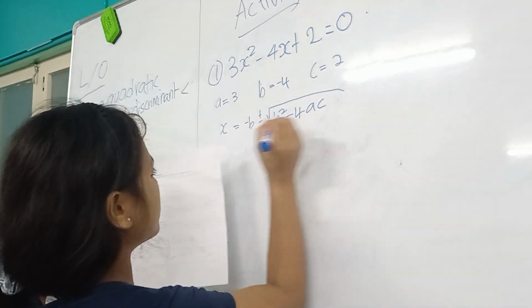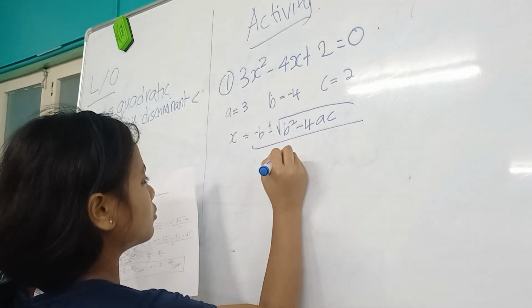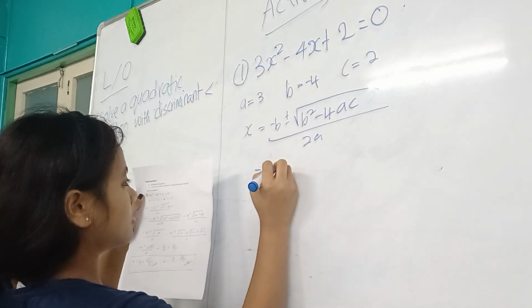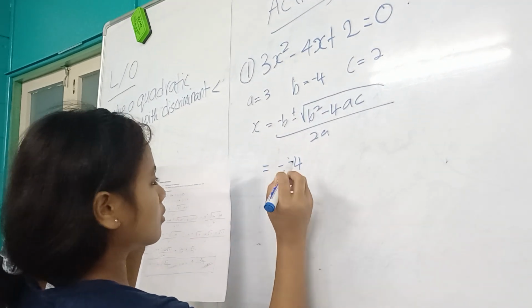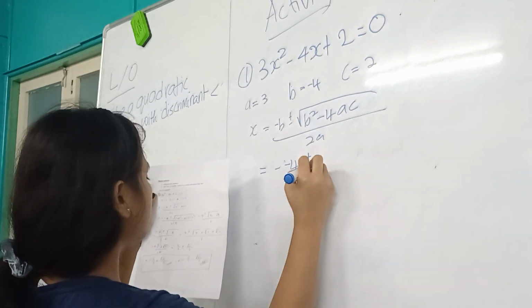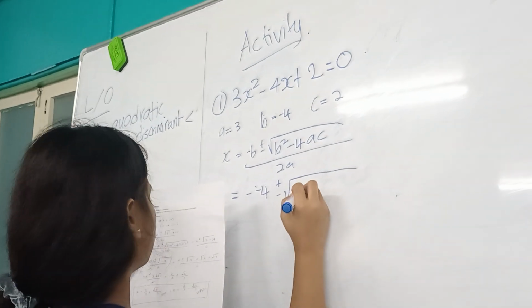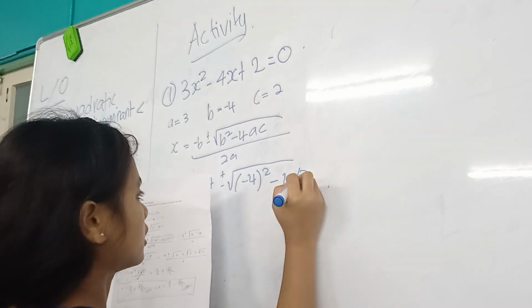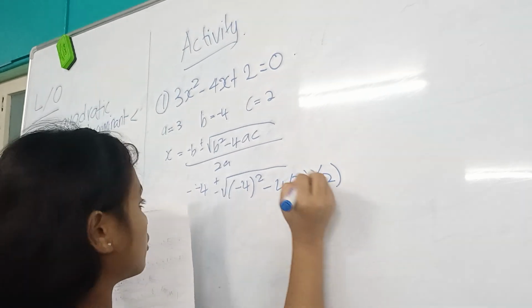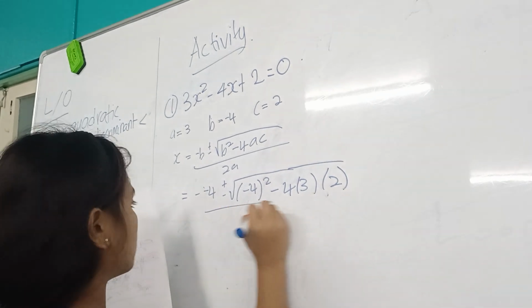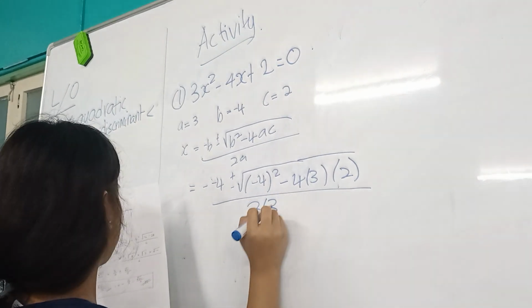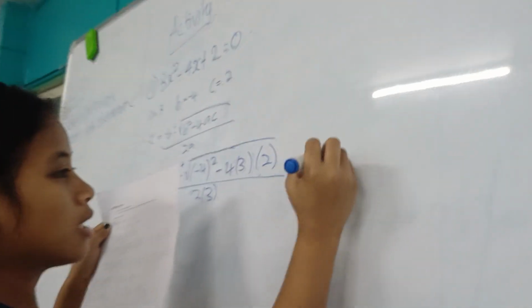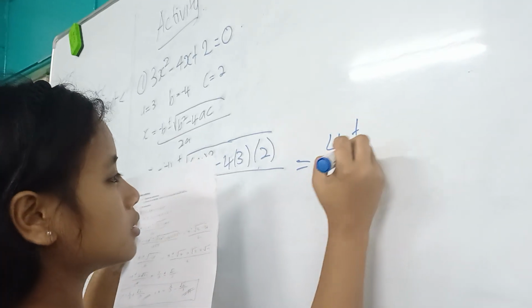Minus 4 increase up to 8. Then plus or minus 4 squared minus 4, and then we work on this and it gives us this.